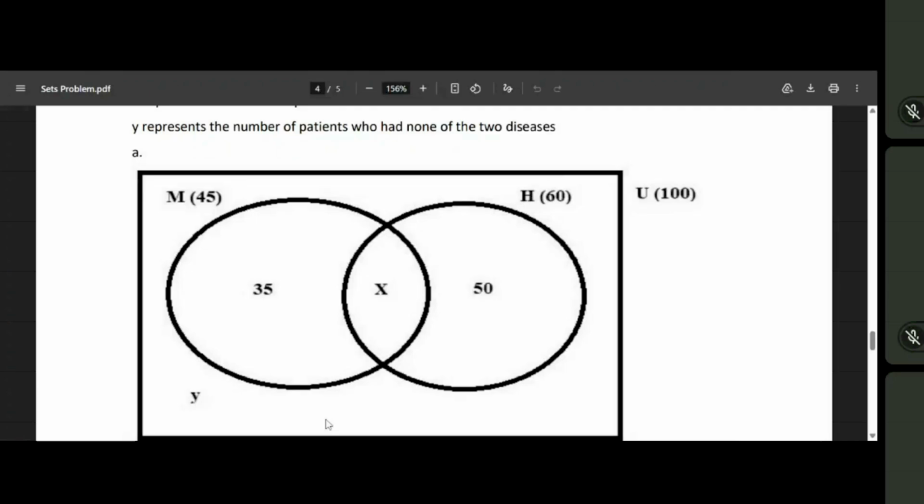So I was saying that sometimes you have conflicts. Maybe in your consulting room, you saw 45 malaria patients and 60 hypertension cases.